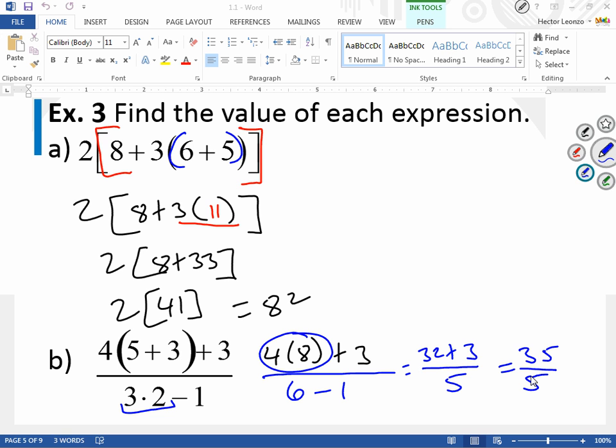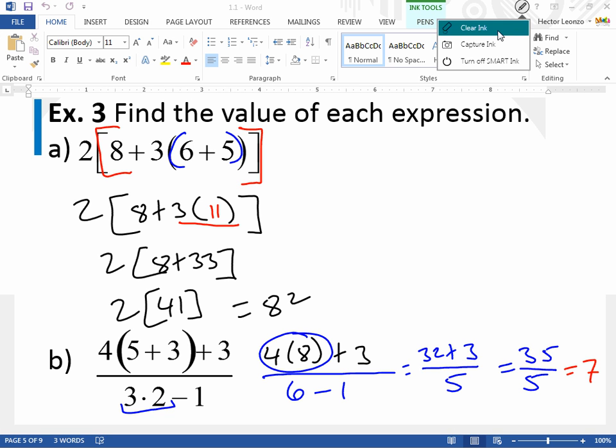It all simplified to 5. But then a fraction means division. 35 divided by 5 is going to give me 7. So that's our order of operations. So remember, simplify the top, simplify the bottom. At the end, a fraction means division, so simplify that as well.